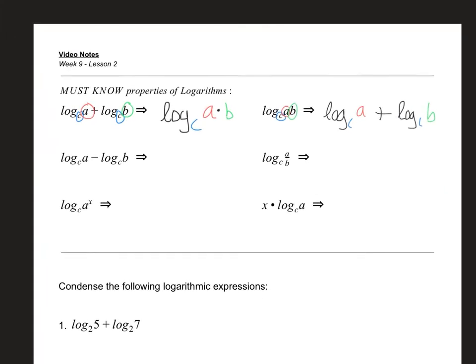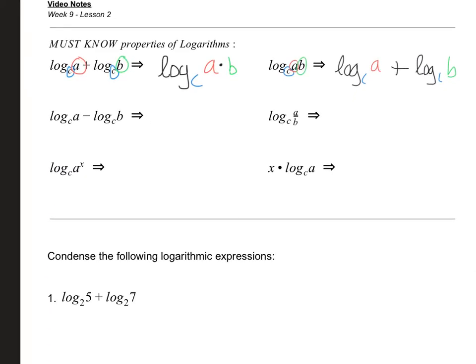That's just backwards and forwards for you. Adding and multiplication are both things you do to increase things, so it makes sense for them to go hand in hand. When I add two logs together with the same base, I can combine them and multiply whatever's inside.